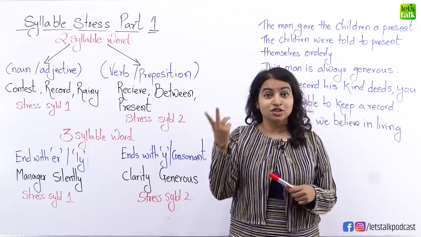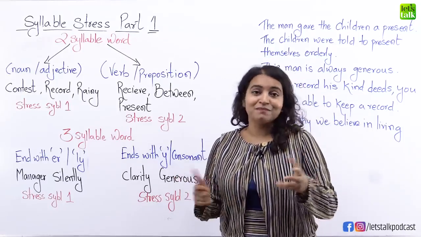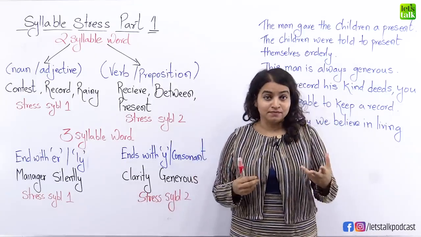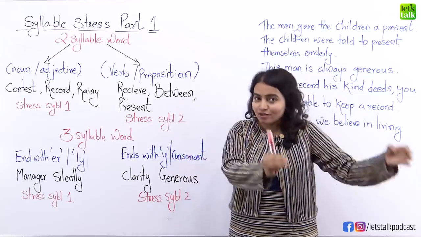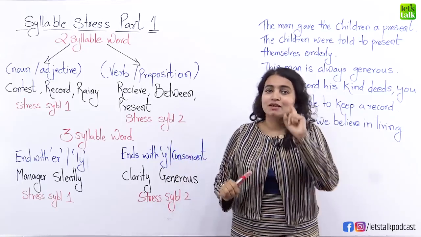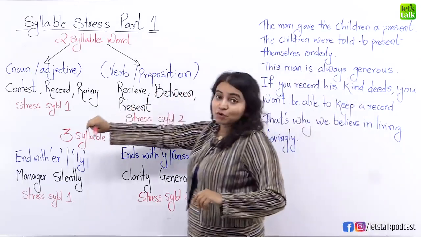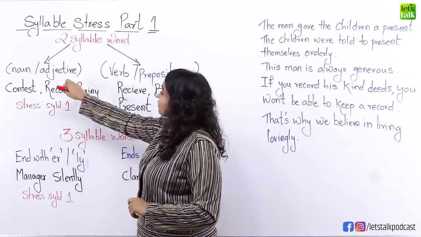Seema. 2 times, right? There you go. So my name, which is a word obviously, has got 2 syllables. That's how you will know exactly how many parts or how many syllables one word has. So let's move quickly to understanding syllable stress.